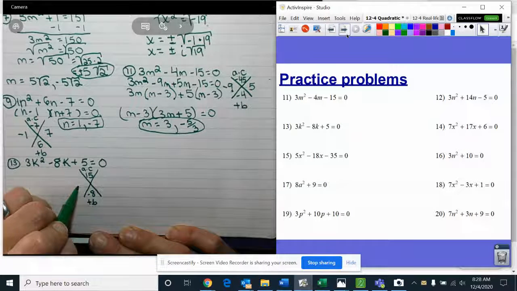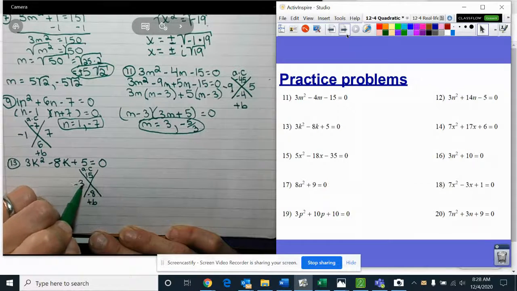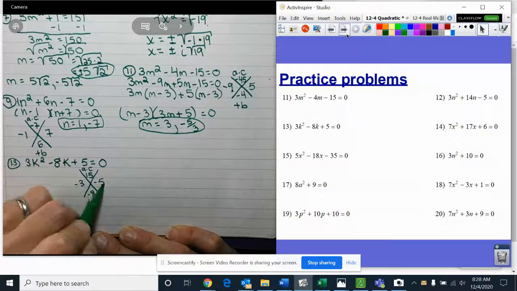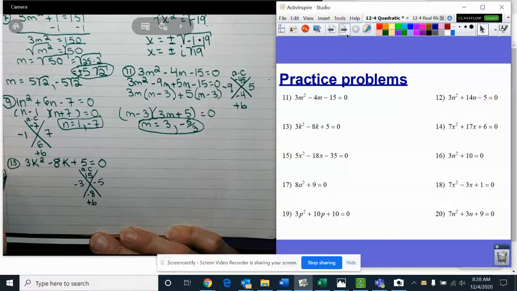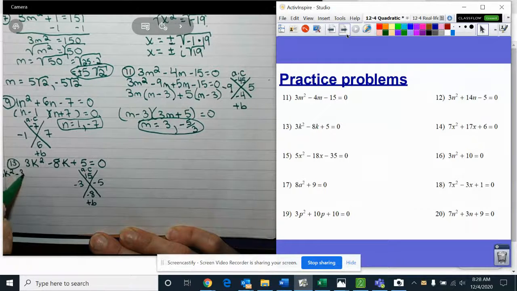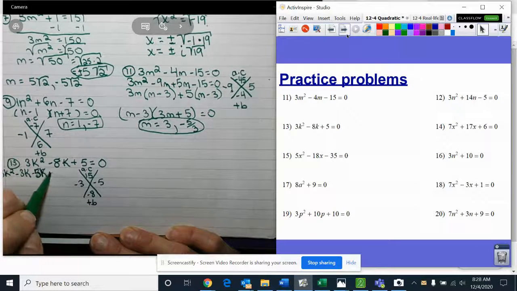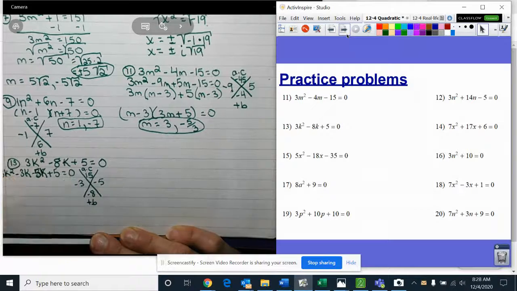That would be 3 and 5. So negative 3 and negative 5 become the middle term factors. So we have 3k squared minus 3k minus 5k, plus 5 equals 0.